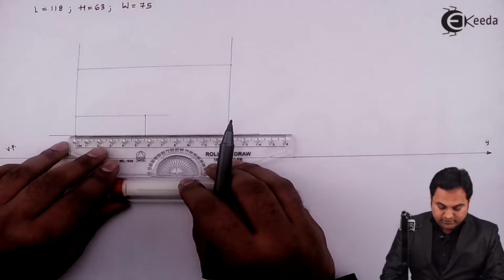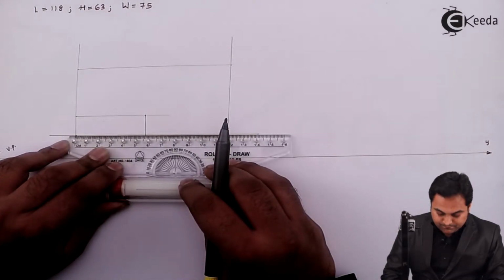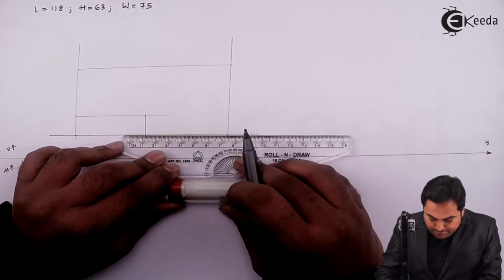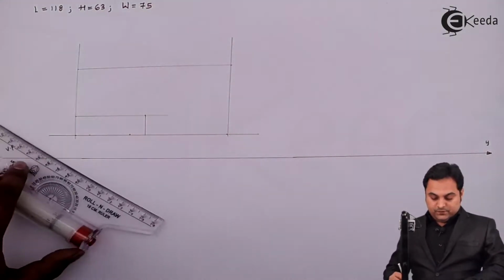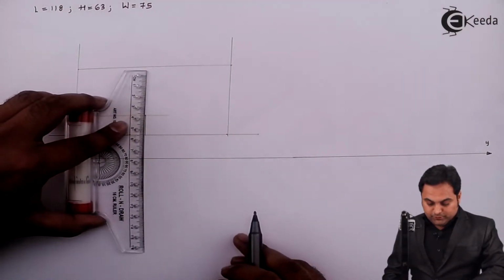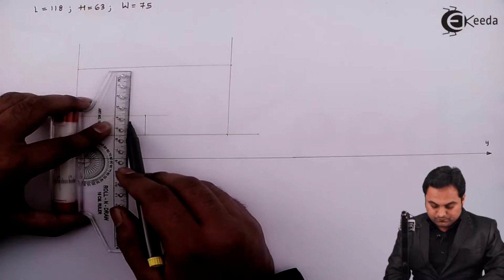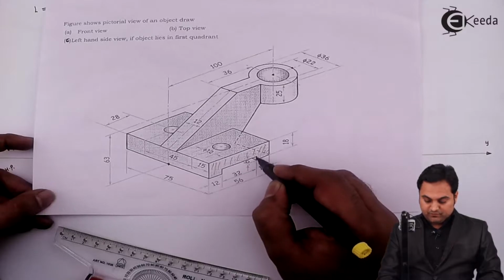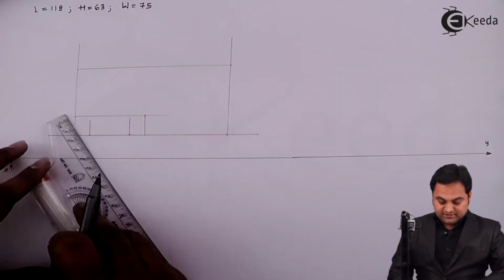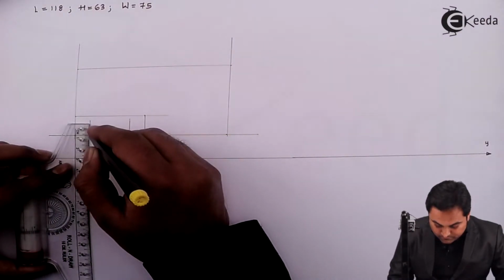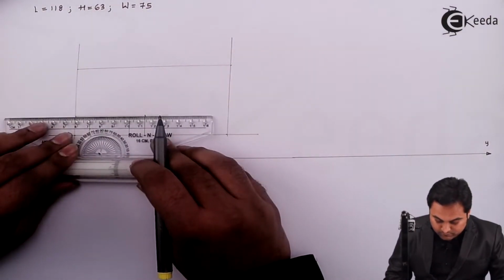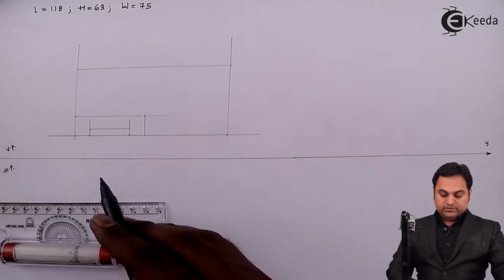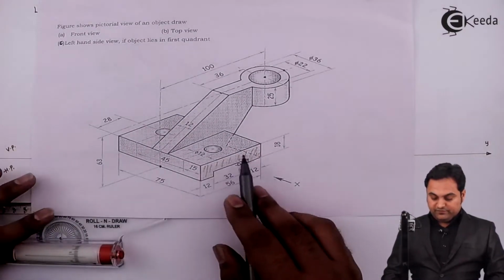Next, it is 12 mm from one side and even 12 mm from the other side. Drawing light vertical lines through both the points. This portion is 6 mm upwards, so measuring 6 mm. Drawing a light horizontal line. Now this is the portion which is visible from the front.